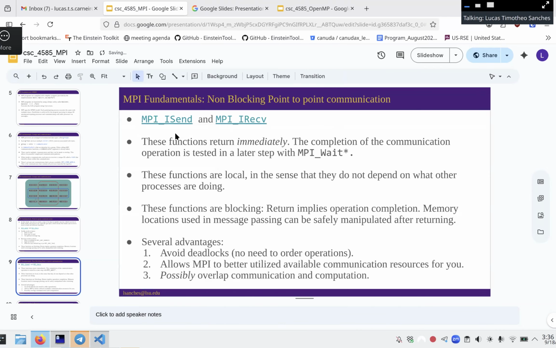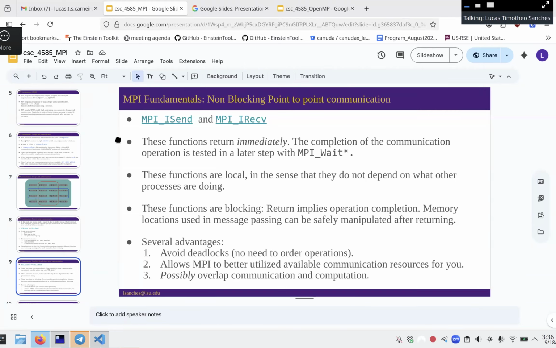Now, what do you think these functions do? Non-blocking point-to-point communication. What do you think these are about, based on what I just said? They don't deadlock, but why? Yes, exactly.